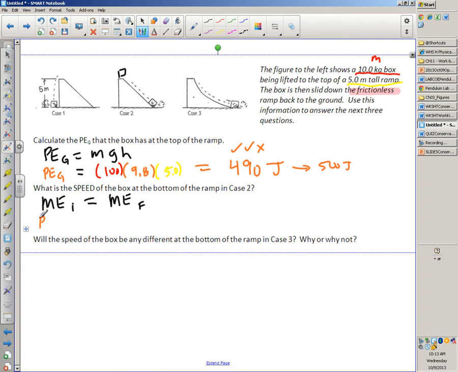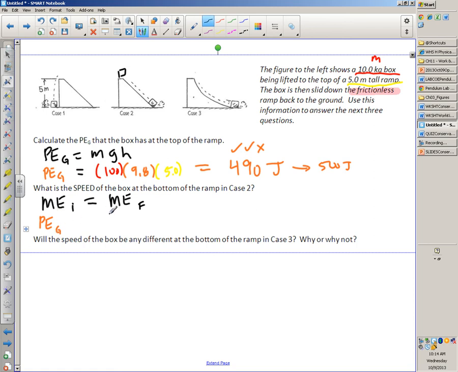So we know that there's a little potential energy at the beginning, PEG, okay? Is it moving when it's sitting up at the top of the ramp? No. So that means it doesn't have what? Doesn't have any kinetic, okay? Was anything stretched out or scrunched together or anything like that? No. So it doesn't have any elastic potential energy? No. So the only thing it has at the beginning is gravitational potential energy.